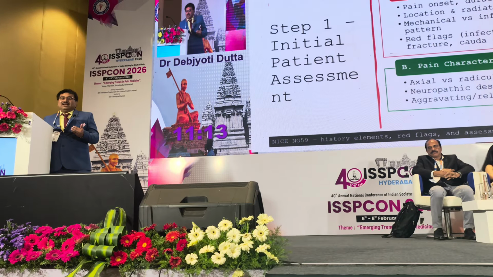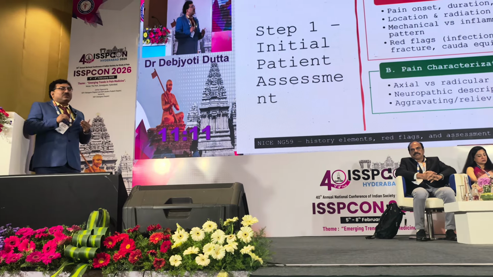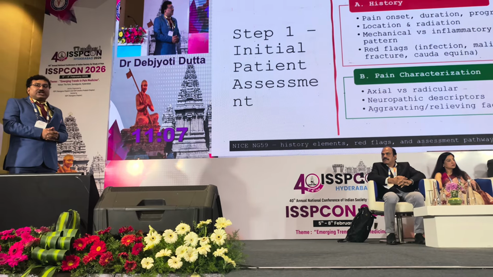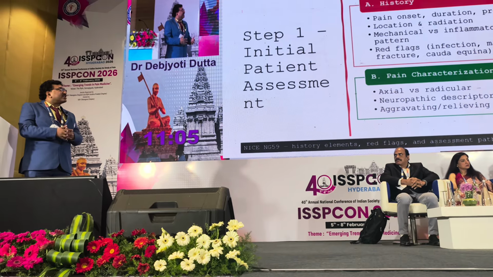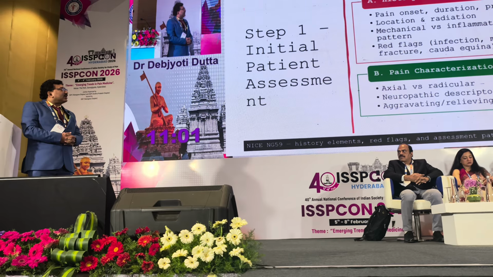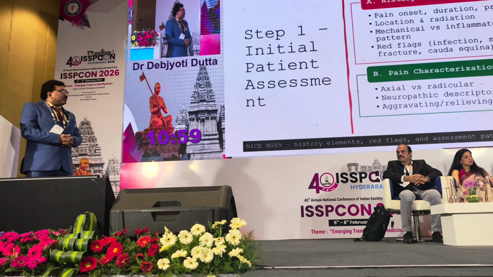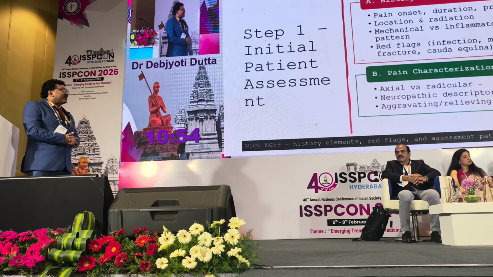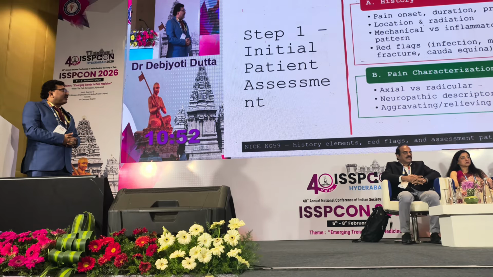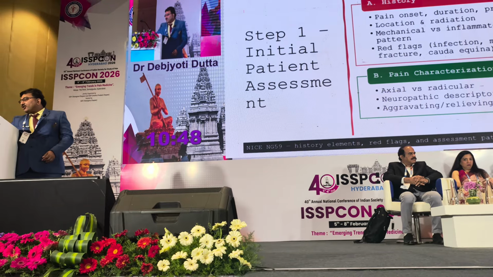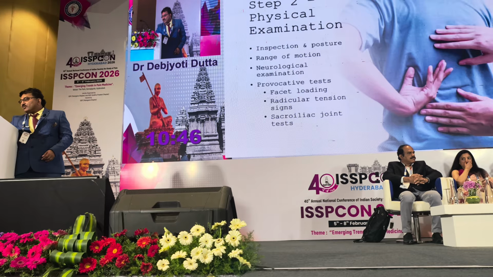First of all, history, most important for the initial evaluation: pain onset, duration, progression, location, radiation, mechanical versus inflammatory pattern or a neuropathic pattern, red flags that need to be ruled out. Then pain characterization, whether it is axial or radicular or referred or neuropathic, and aggravating and relieving factors are common parts of the evaluation protocol.